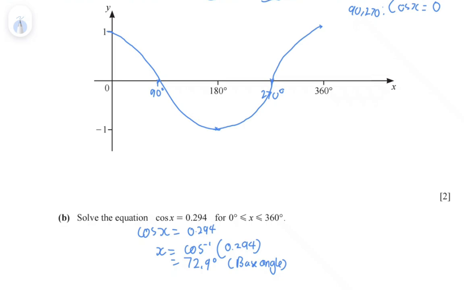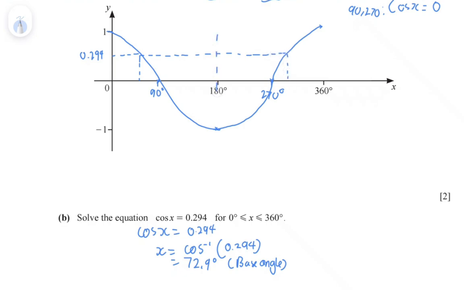So we know that at 72.9 degrees, roughly around here on our graph, we have a value of 0.294. We get that same value along the graph, and we know that it also occurs here.